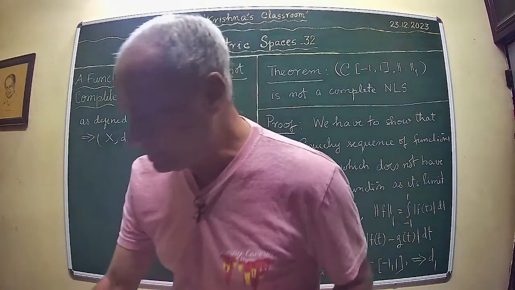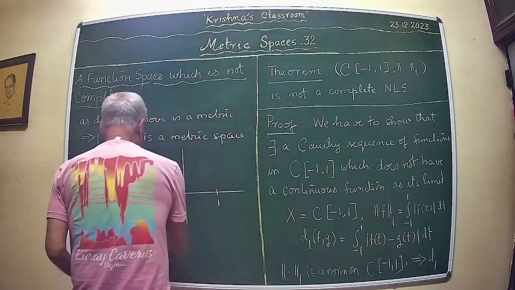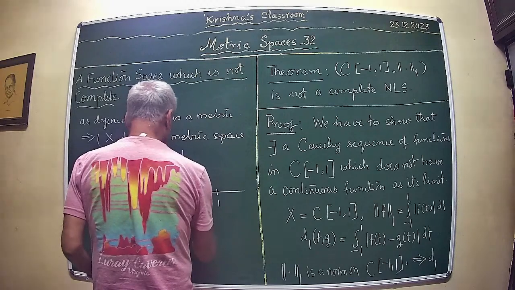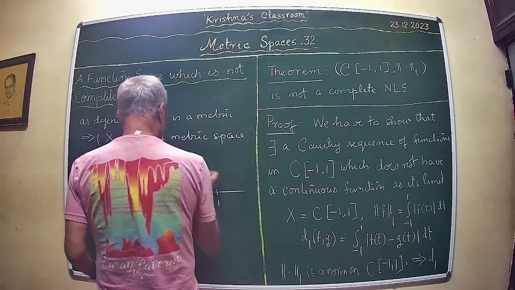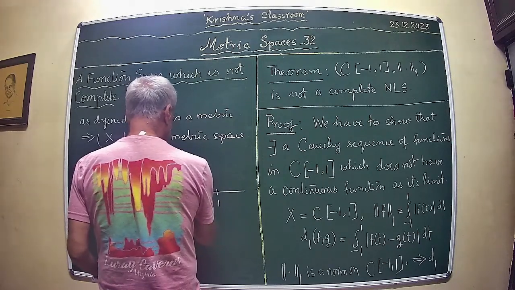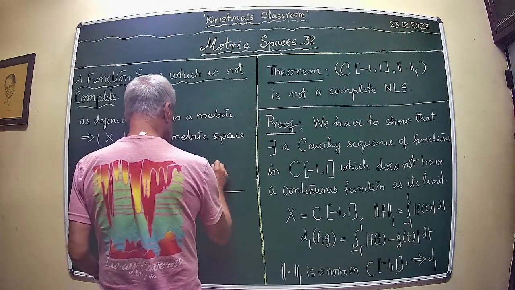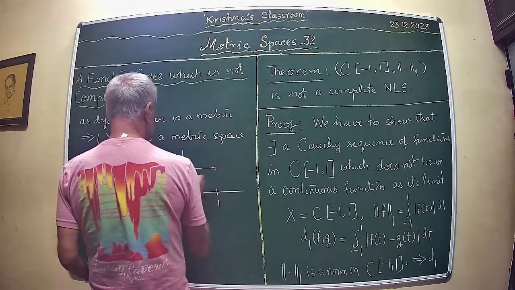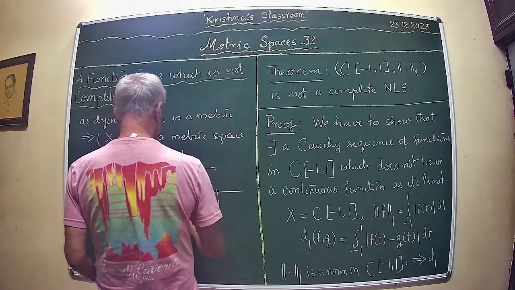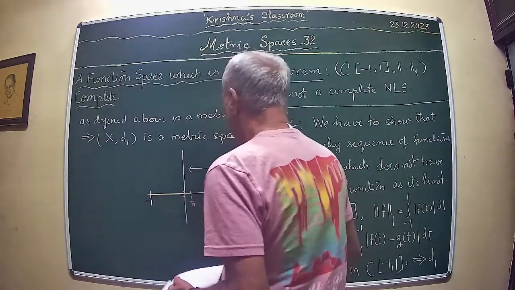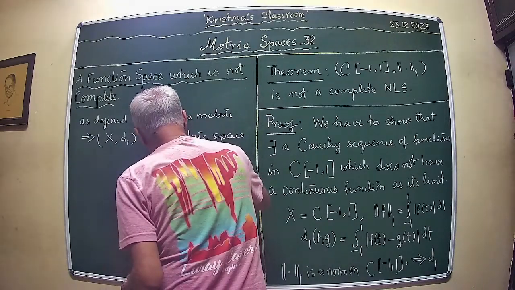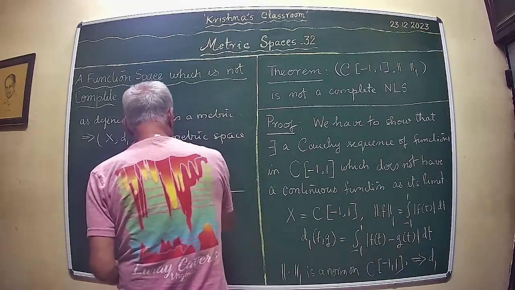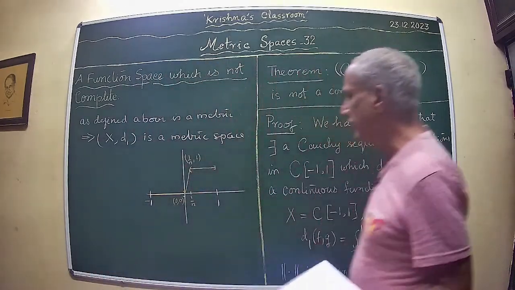Now we define a function which is 0 identically on the interval -1 to 0, and from 1 by n to 1 the function is defined as equal to 1, and then in between these 2 points, that is the point (0,0) and (1/n, 1), are connected by a straight line segment.